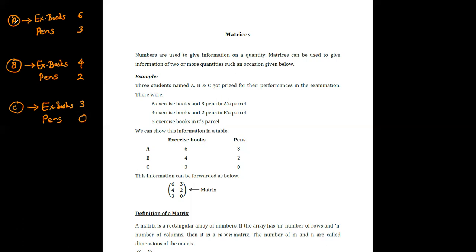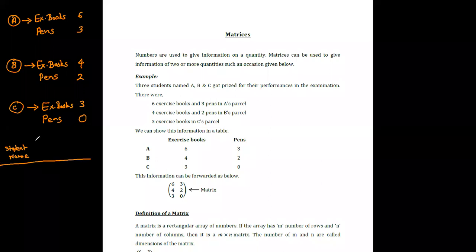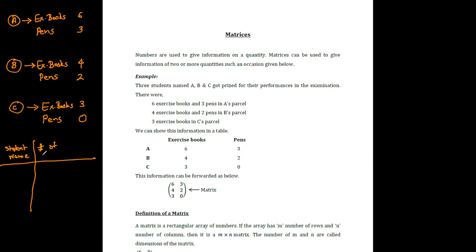In a situation like this, we can show this data using a table. If you draw a table, in the first column we can put the student name, in the second column the number of exercise books, and in the next column the number of pens in the parcel.